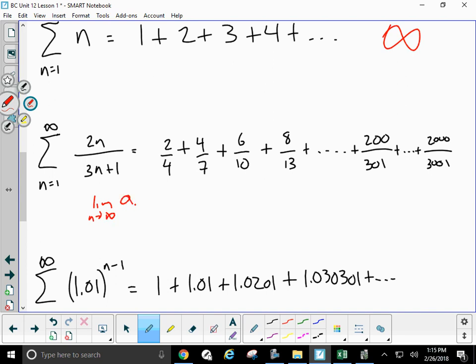Yes, the nth term that I'm adding, this is not an S_n, this is the terms that I'm using, the numbers that I'm adding, is approaching 2/3, which means I just keep adding 2/3, no matter how far I go out. What am I going to be adding? Essentially 2/3 every time. Well, when I keep adding 2/3, that's not going to converge towards a specific value.